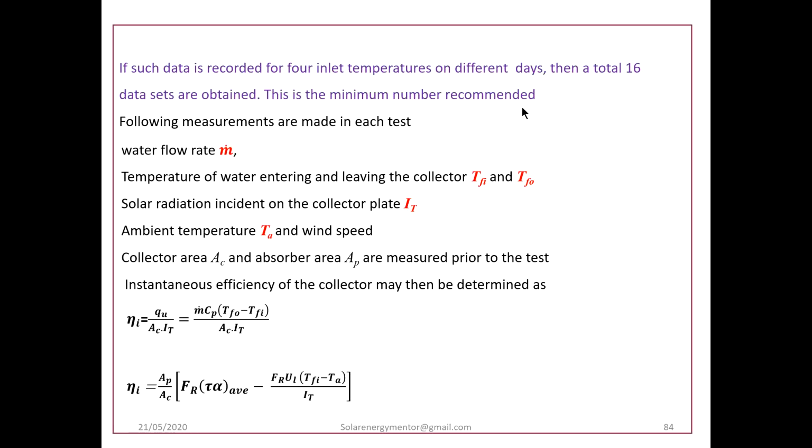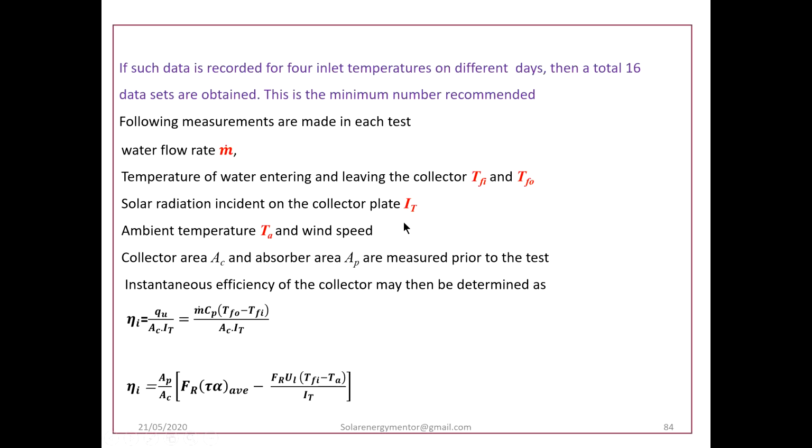Now during the testing, the following measurements are made. Those measurements are water flow rate, m dot, temperature of water entering and leaving the collector, that is TFI and TFO, and solar radiation incident on the collector plate, that is IT.